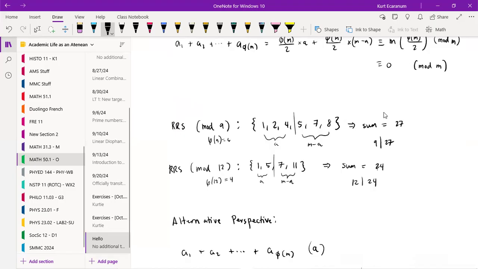Di ba? Pansinin nyo, 4 plus 5, 9. 2 plus 7, 9. 1 plus 8, 9. Sum 27. Ganon din sa modulo 12, reduced residue system. 5 plus 7, 1 plus 11. And 12 divides 24. Ayan.